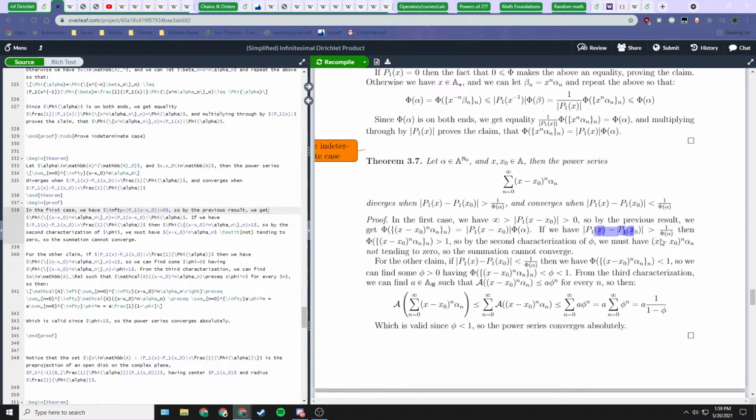If we have p1 greater than 1 over, yeah, so actually let's put that right there.